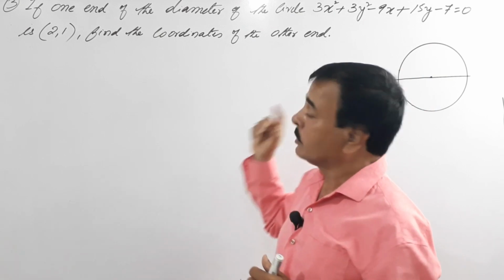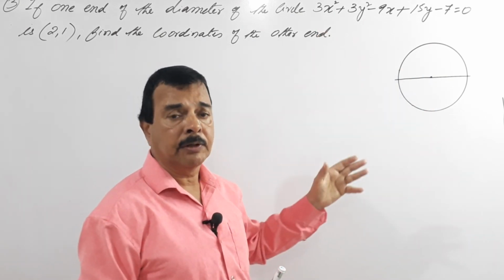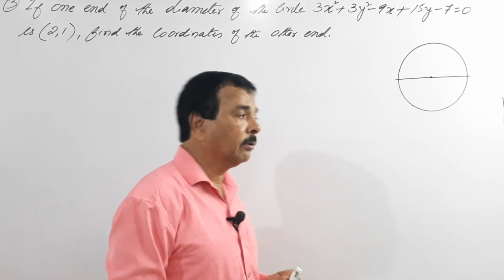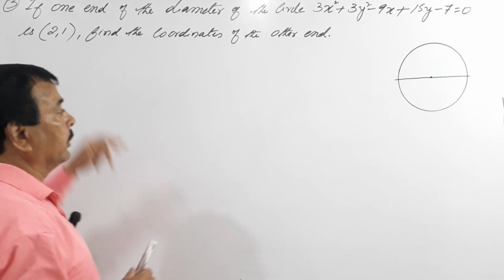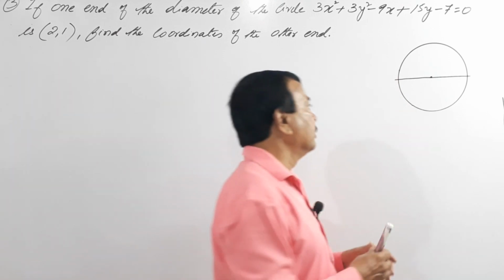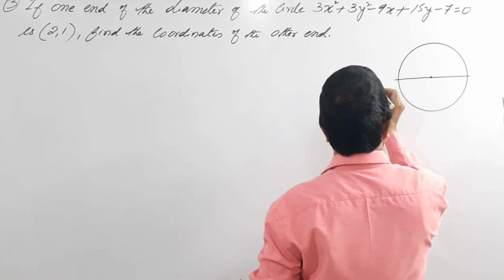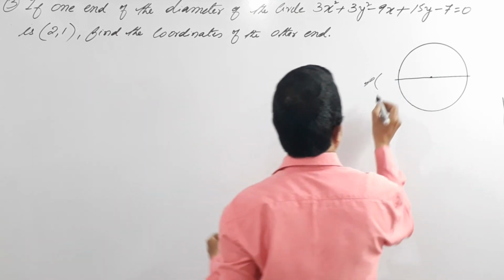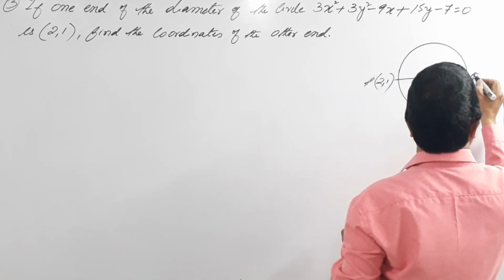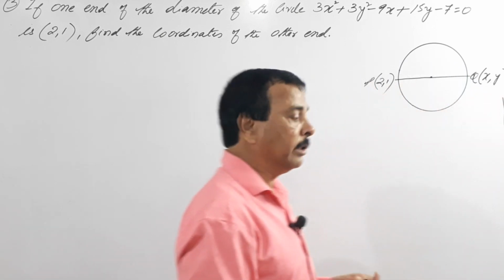That is, if one end of the diameter of the circle, given by the equation 3x square plus 3y square minus 9x plus 15y minus 7 equals 0, is the point 2, 1, find the coordinates of the other end. Supposing I call this P, one end as 2, 1, and this is Q, I call it x, y because we don't know the coordinates.